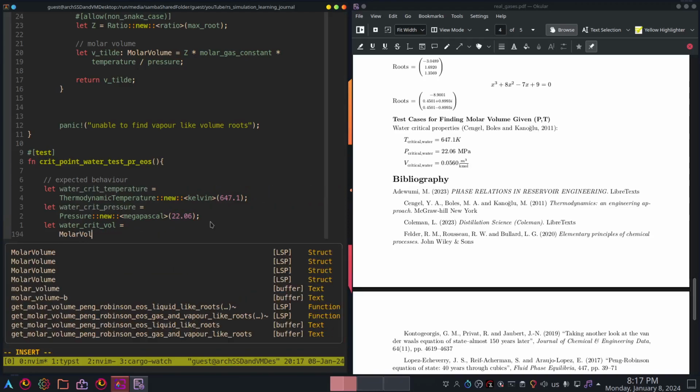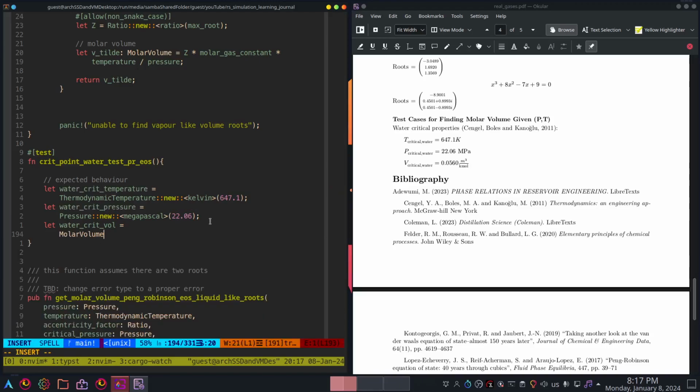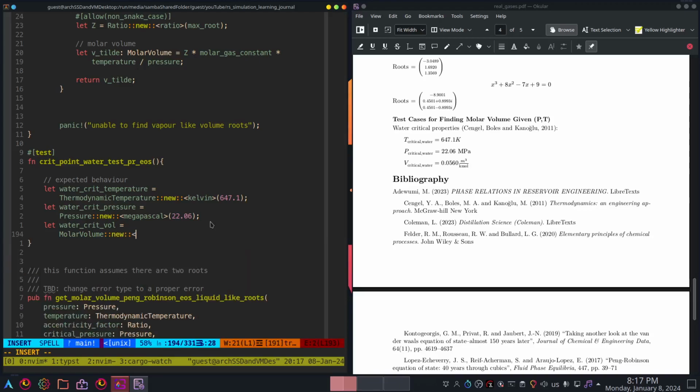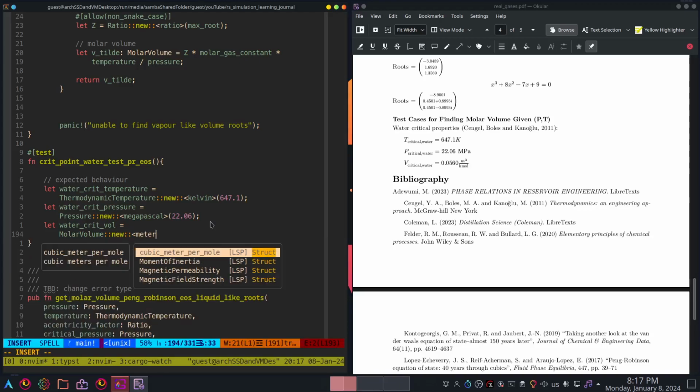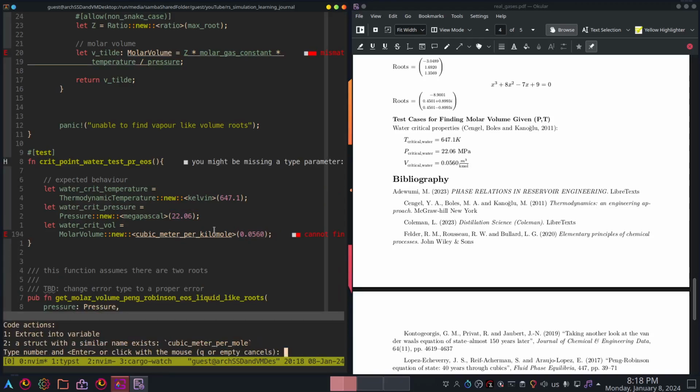Molar volume new. What is this, cubic meter per kilomole? Let's see whether this exists. 0.0560, cubic meter per mole.